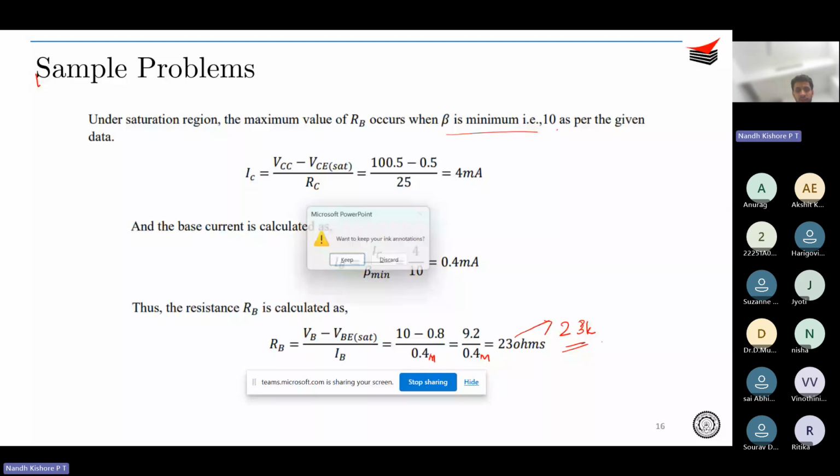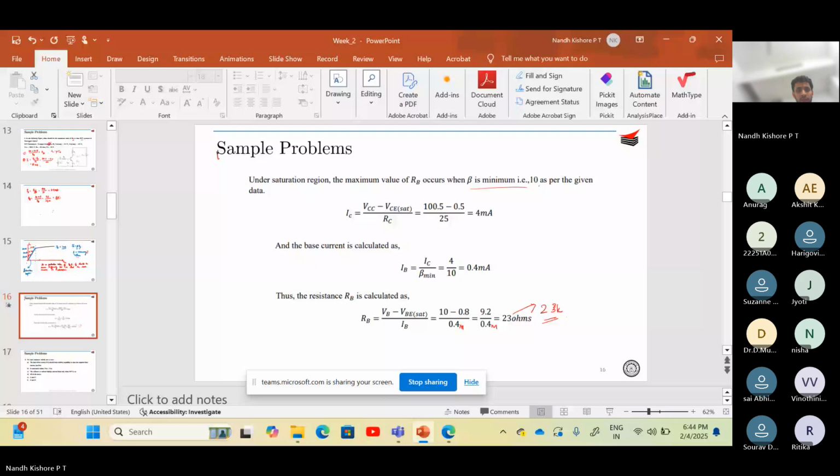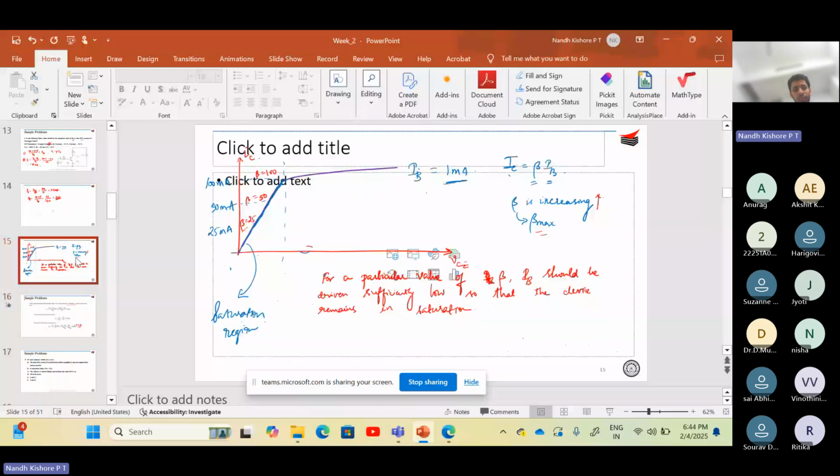Any doubt in this question? For this particular question, you should consider the lower value of beta to ensure that the device is in the saturation region and does not go to the active region.